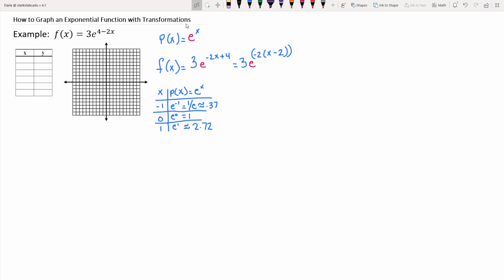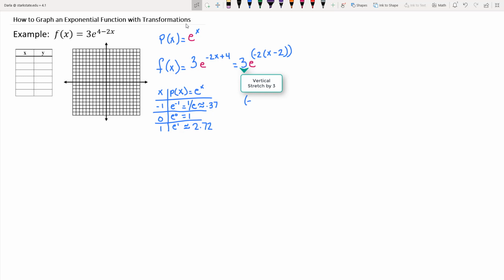So then in light of that, I need to take care of each of my transformations that are in this function. Well, f of x has a multiplier of 3 on our base, and so that means we have a vertical stretch by a factor of 3. So if we have a vertical stretch by a factor of 3, what that means is all our y values will triple.